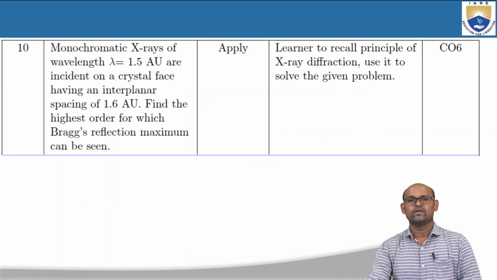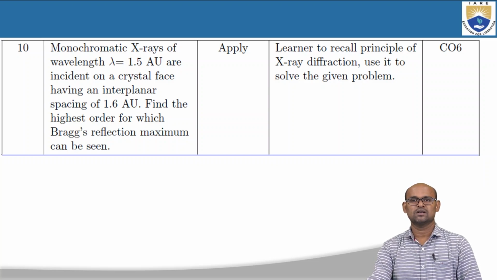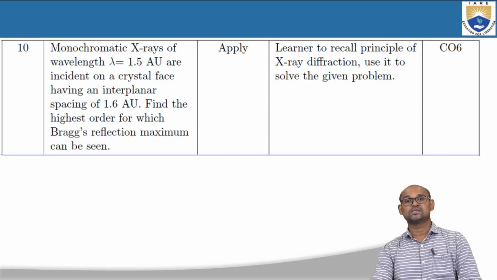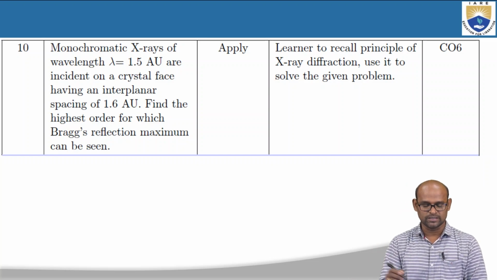Monochromatic X-rays of wavelength 1.5 angstrom units are incident on a crystal face having an interplanar spacing of 1.6 angstrom units. Find the highest order for which Bragg's reflection maximum can be seen. Bragg's reflection maximum occurs at an angle of 90 degrees.